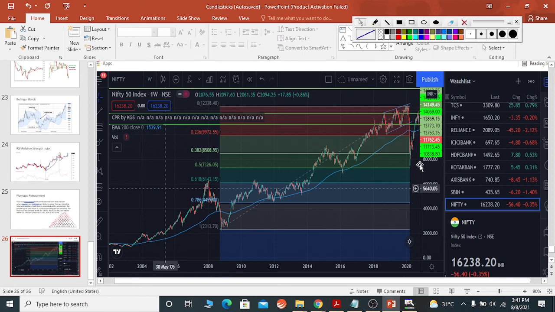When the crash started, I plotted these levels in the Fibonacci retracement, and I expected that Nifty could come down to this level, 7,000. And as you can see, it almost touched that level, about 50% of the correction, and then again it started going up.